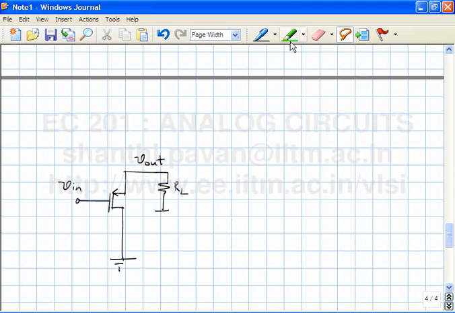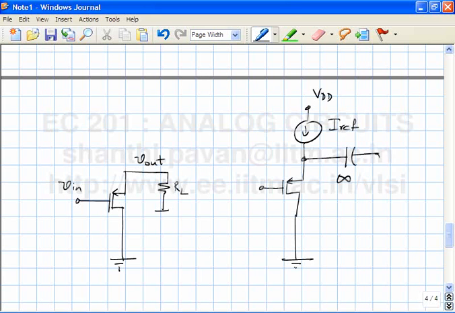So what you can do is the following. This is VDD, this is IRF, this is the infinite capacitor, this is RL. I need to bias up the gate through, one way of doing it is to use some appropriate combination of resistors.